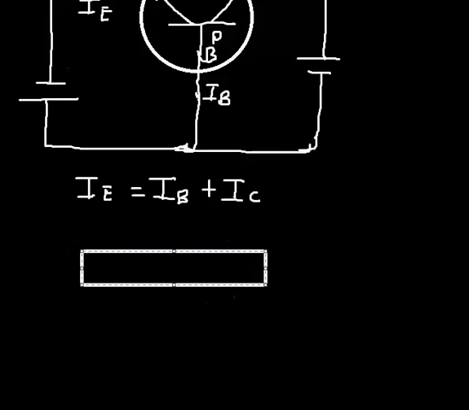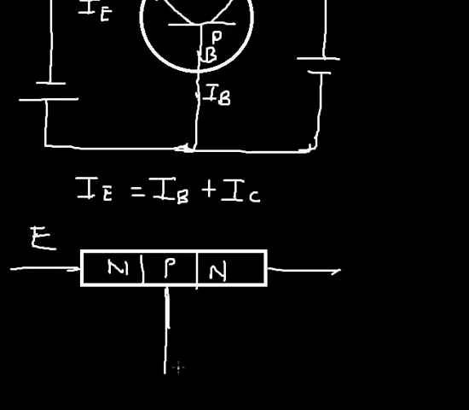Let's say we have this transistor, having terminals N P N. I take out the three terminals. For NPN, current always moves from P to N. So this is my NPN. This is my emitter, this is my base, and this is my collector.